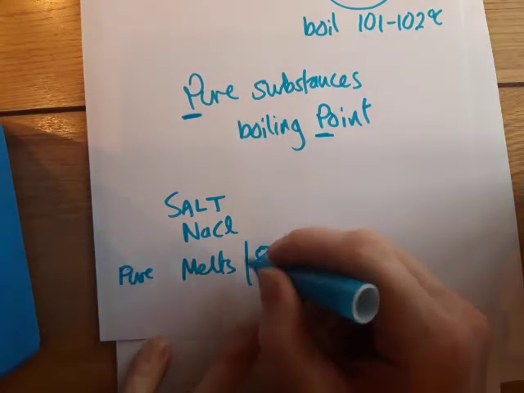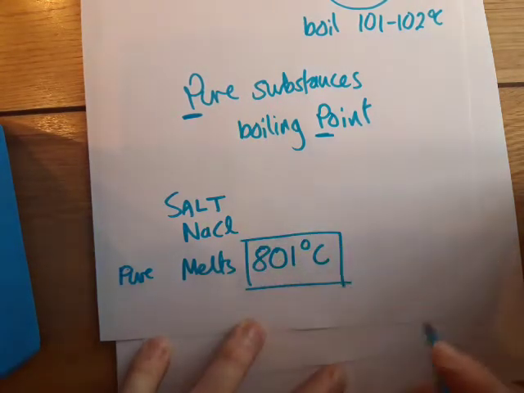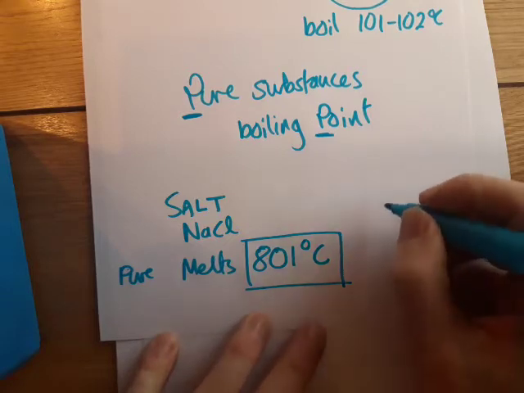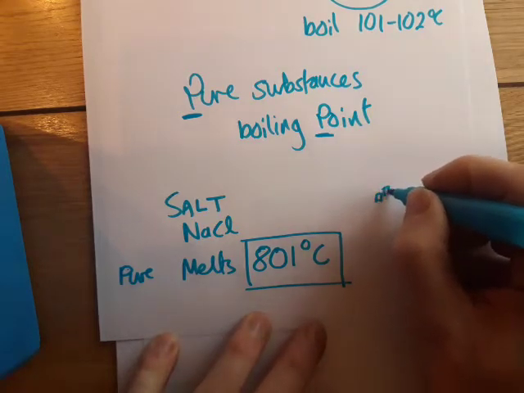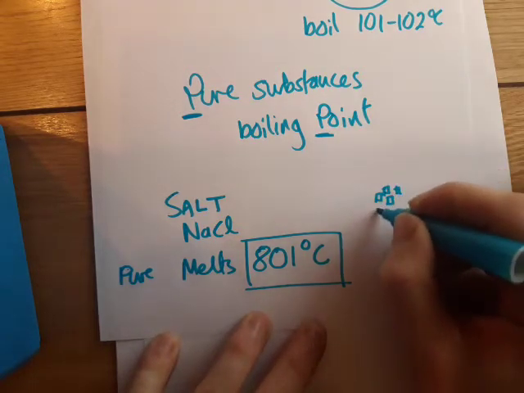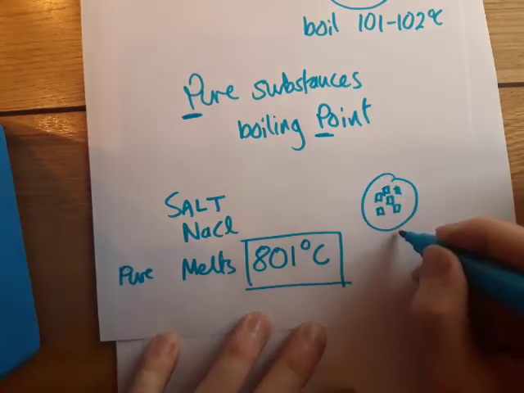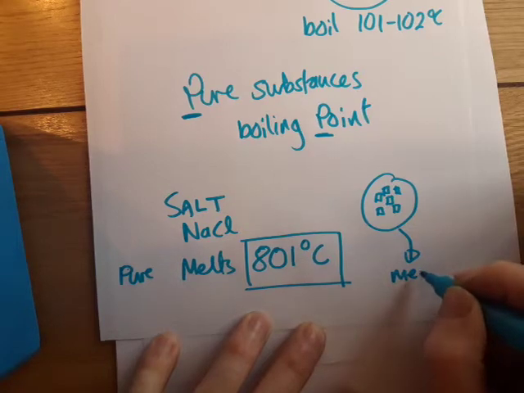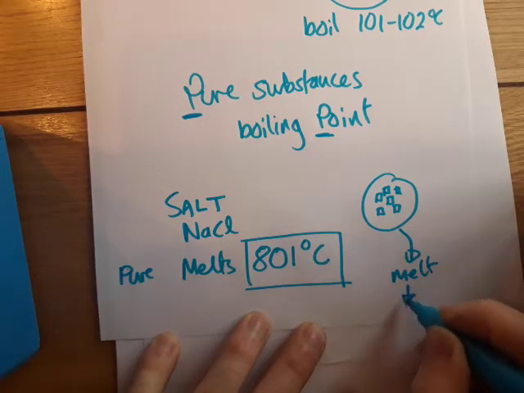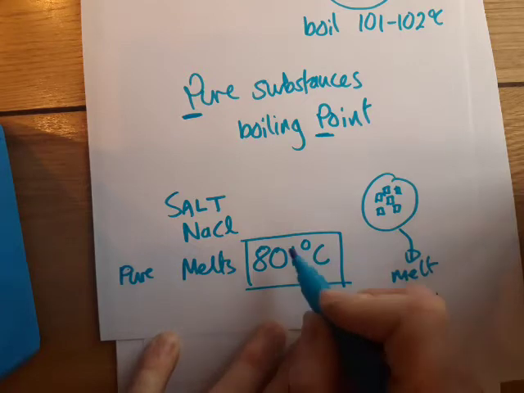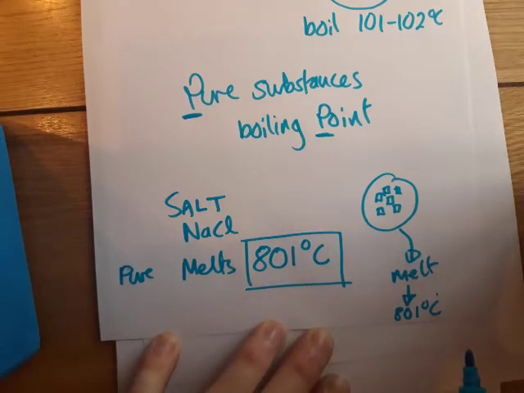Now this is quite a useful fact for chemists. So if I found a white powder on a table and I wanted to find out what it was, what I can do with this is I can melt it, and if it melts at 801 degrees C, I know that it is sodium chloride.